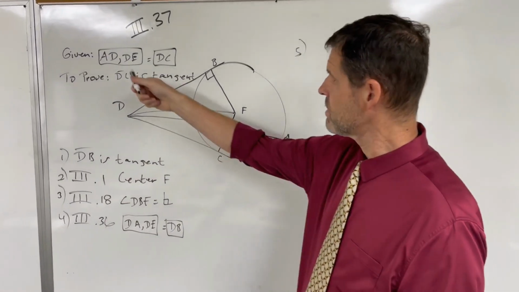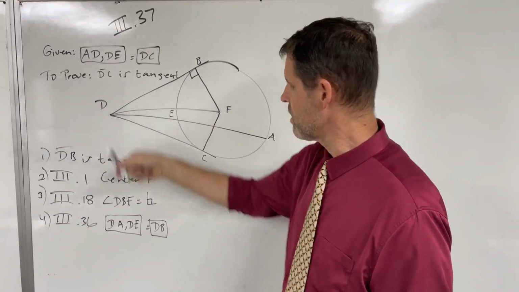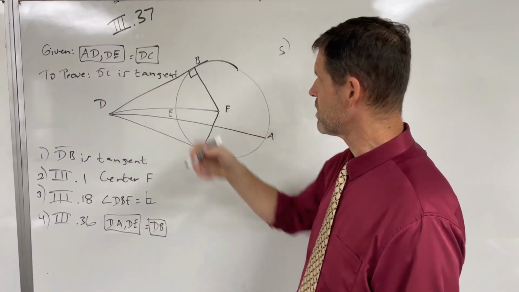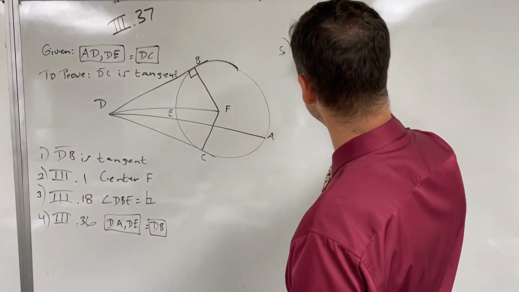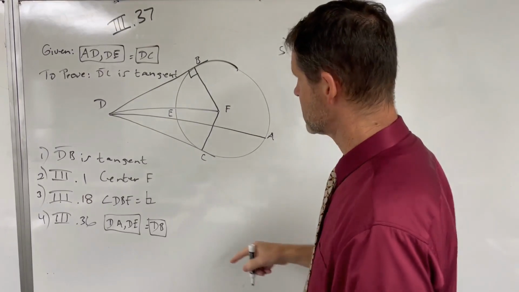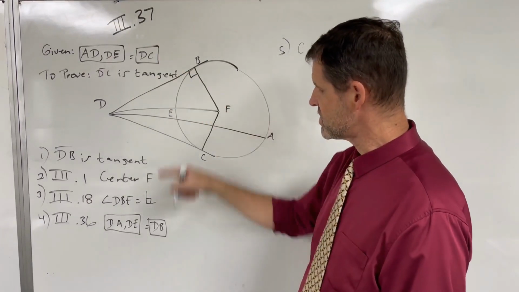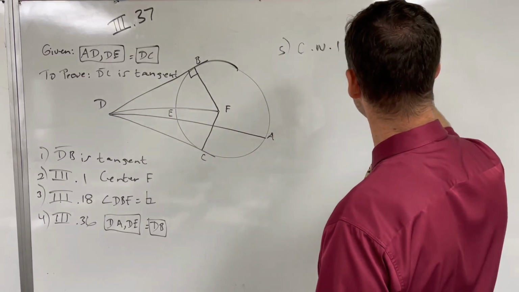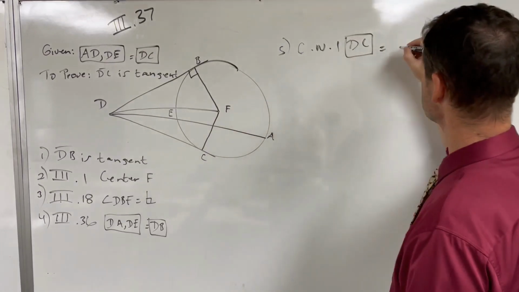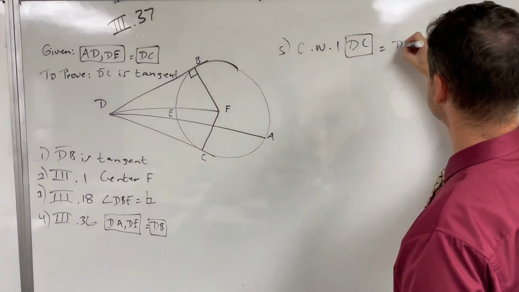But we know from our given that the rectangle DA, DE is equal to the square on DC. Therefore, by common notion number 1, we can say that the square on DC is equal to the square on DB. DC squared equals DB squared.